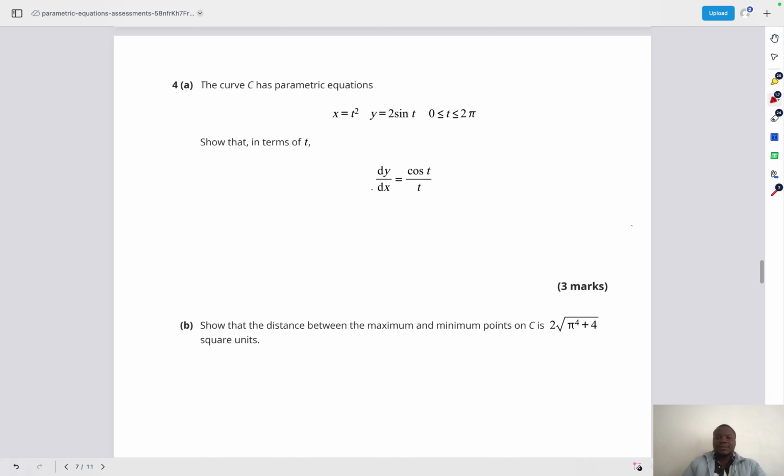So to quickly run through this, we know that dx/dt is just going to be equal to 2t because we are just differentiating t squared.